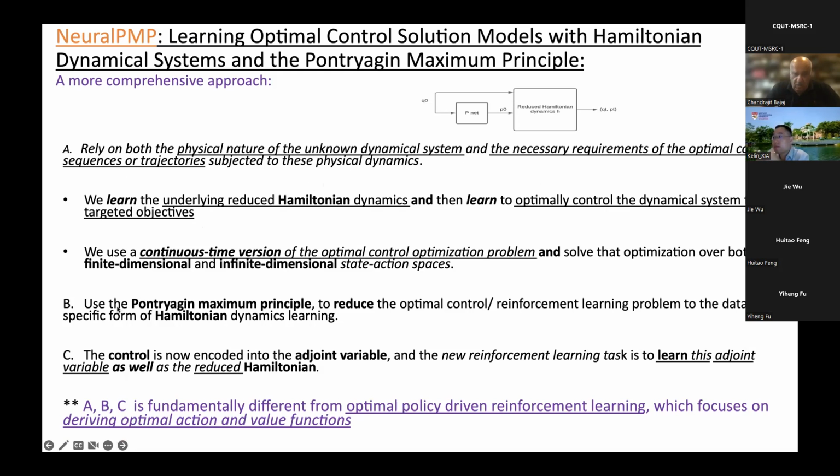So we'll use the Pontryagin maximum principle to reduce this optimal control reinforcement learning problem to the data-specific form of Hamiltonian dynamics. And then the control is going to be encoded into an adjoint variable, and this generalized state and adjoint variable, or state and co-state, is then learned together. So hence, if you remember the control process picture I showed you earlier, it's simplified into just a forward dynamics learning.